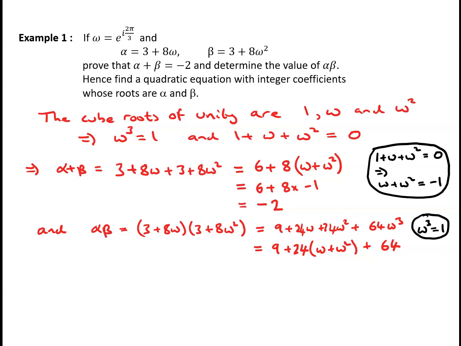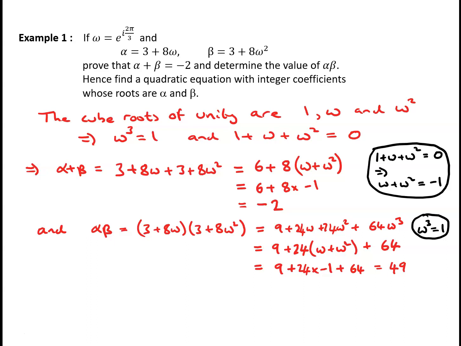So I've got 9 plus 24 lots of omega plus omega squared plus 64. As before, I know that omega plus omega squared is minus 1. So I've got 9, take away 24, add 64, which gives me 49. So alpha times beta is 49.